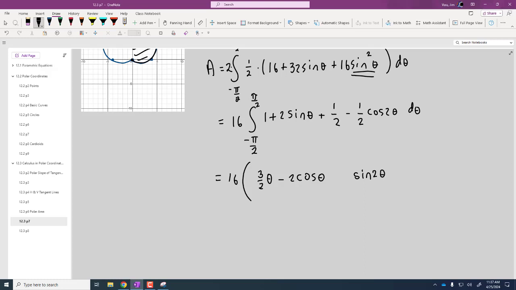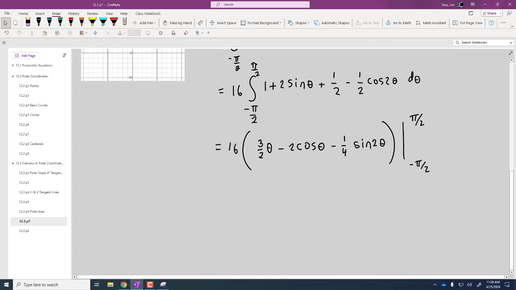But then what do we do with that too? Divide, because we have to use reverse chain rule, so that's going to be a negative 1/4 out in front. And that will go from negative pi halves to pi halves. This term right here contributes nothing because in both cases you get sine of pi or sine of negative pi, which is 0.